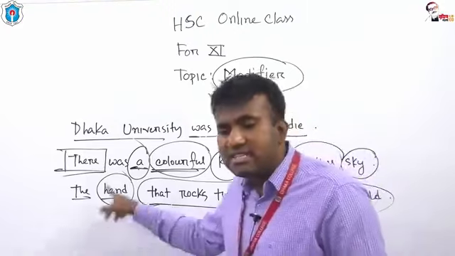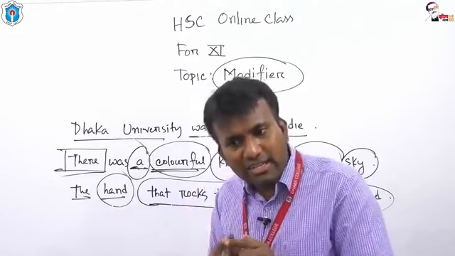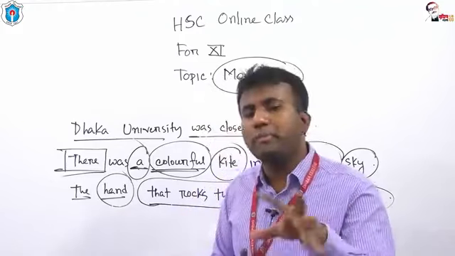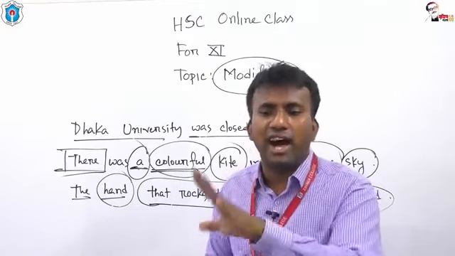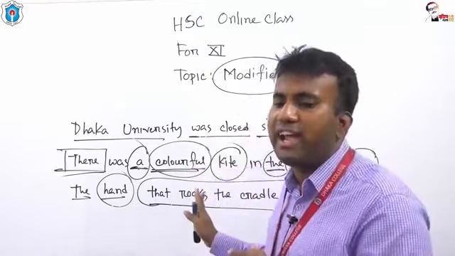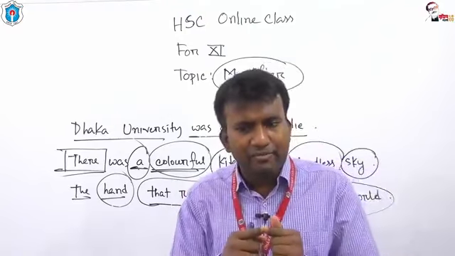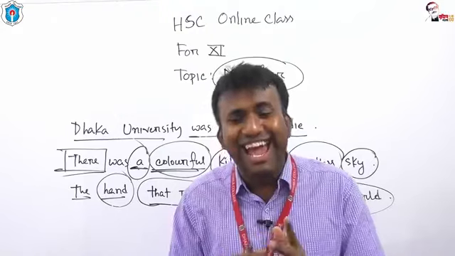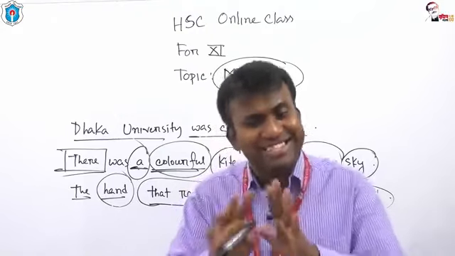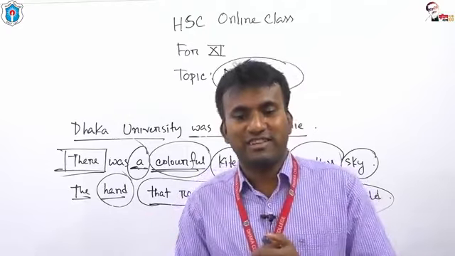As hand is a noun, and this noun is being modified by a clause, that's why I can say this is an adjective clause. Don't say adverbial clause. This is an adjective clause.